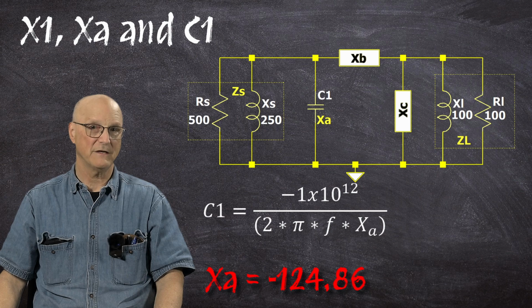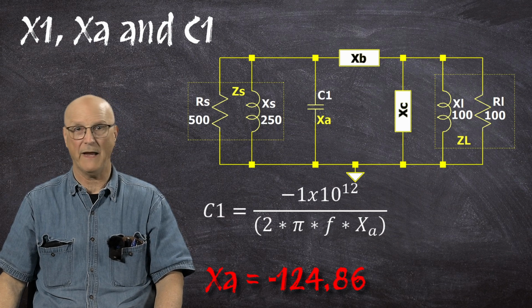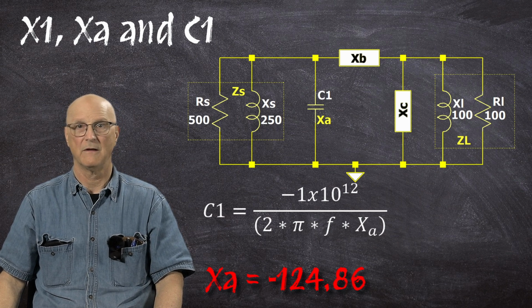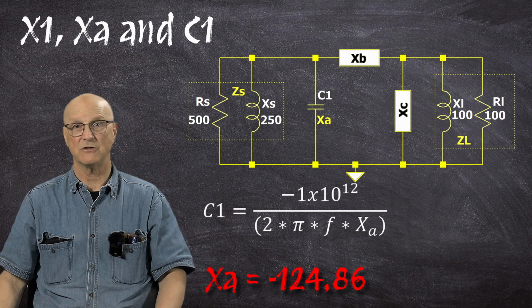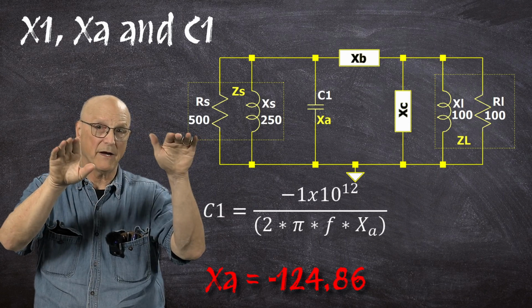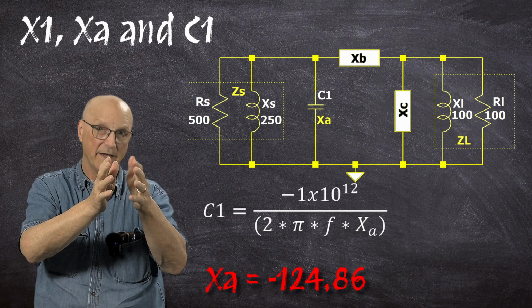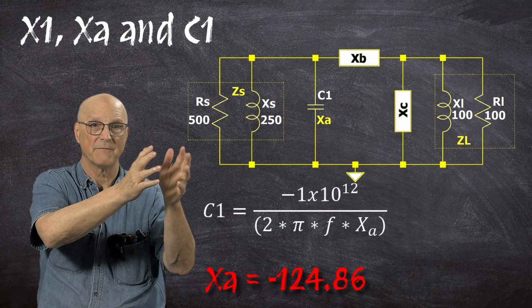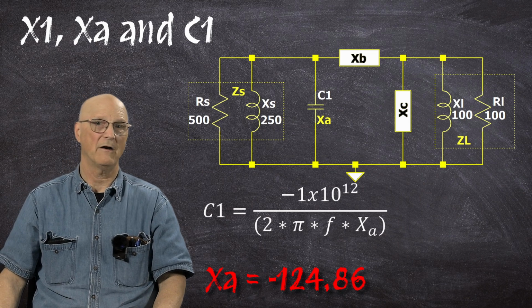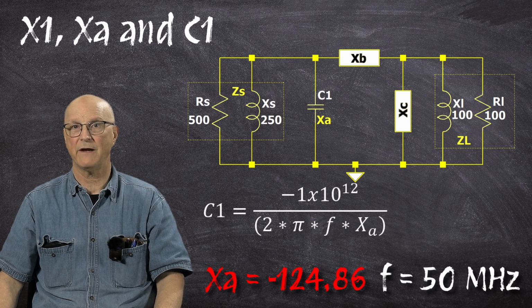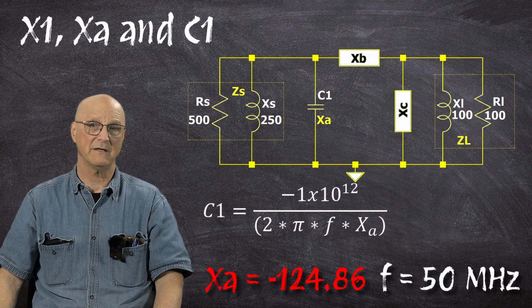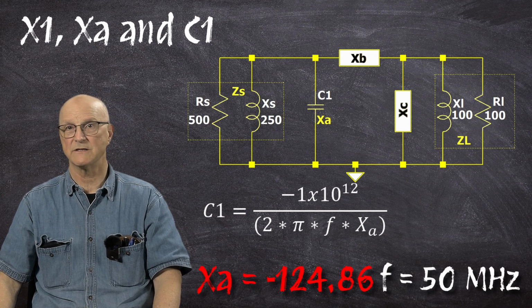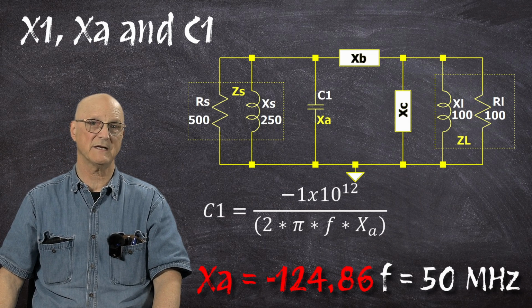Therefore, we use this formula to calculate the capacitance in picofarads: minus 1 times 10 to the 12th, all divided by 2 times pi times the frequency in hertz times the capacitive reactance. And as before, our operating frequency is 50 megahertz, and we just calculated XA to be minus 124.86.